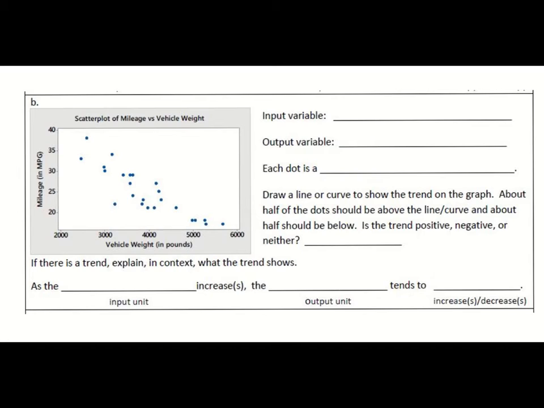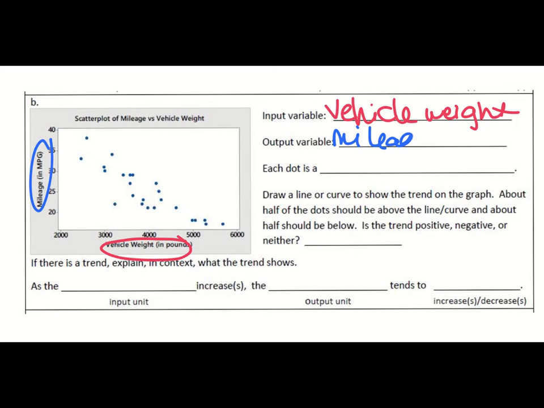Okay, so the next one, it says my input variable, again, is my vehicle weight. So this is my vehicle weight. And then my output variable is going to be my mileage, my miles per gallon.